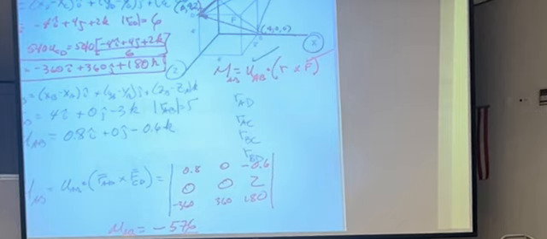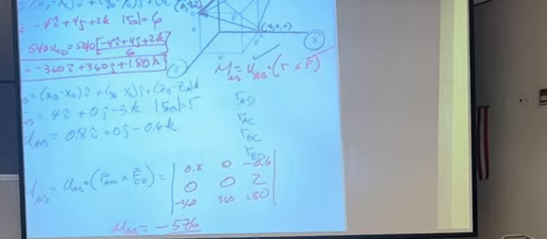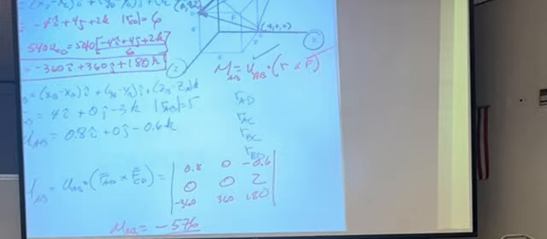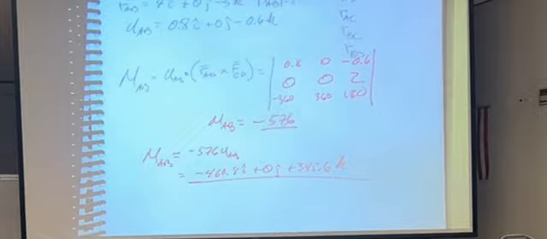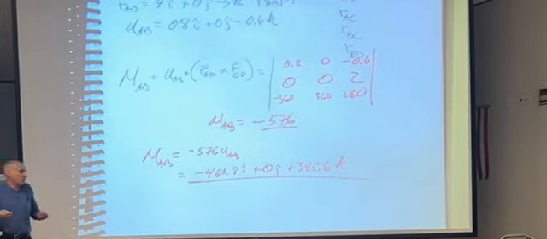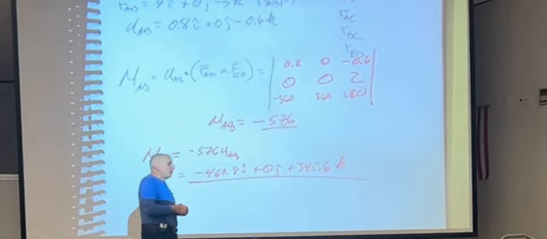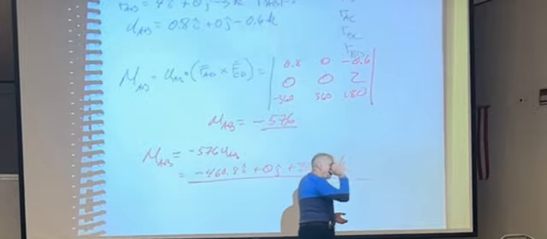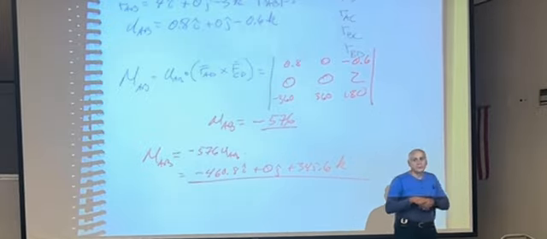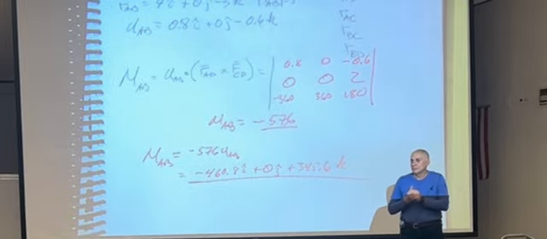That will give me minus 460.8I plus 0J plus 345.6K. There it is expressed in IJK format. All I did is I took the magnitude and multiplied times the unit vector of AB. Questions?